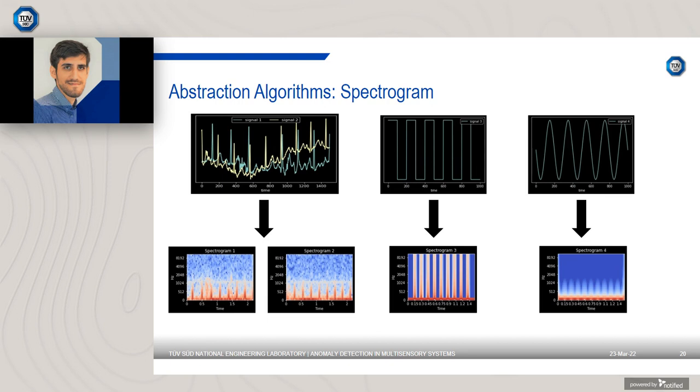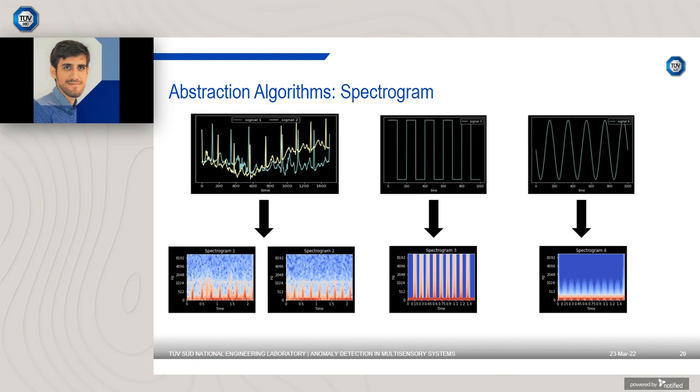Here again, I chose the same signals to show you how their spectrograms can differ, just to give you an idea of what spectrograms look like. As we mentioned, they come from a short-term Fourier transform. So depending on which configuration you choose for your short-term Fourier transform, you may get a very different shape and a very different image for your spectrograms.